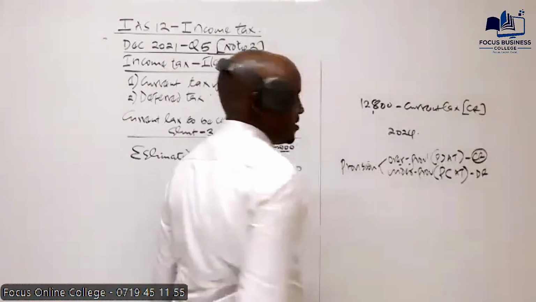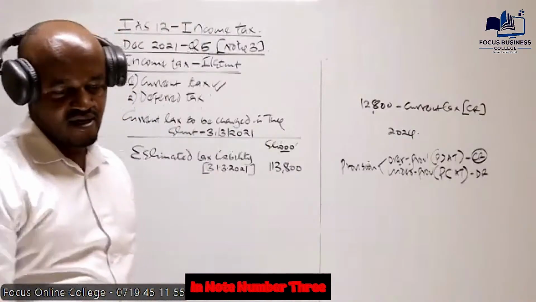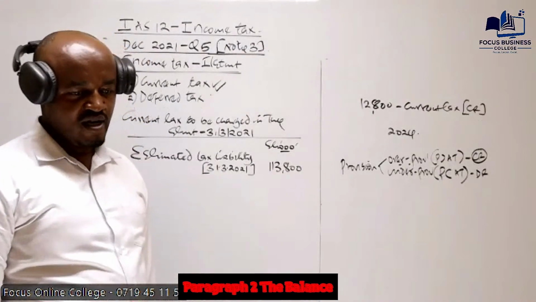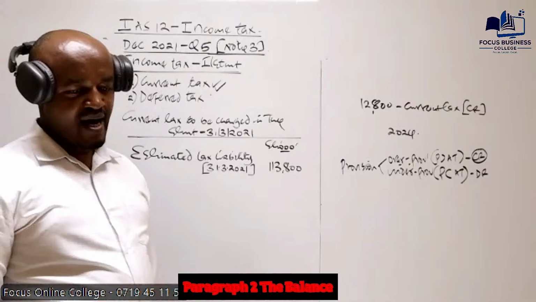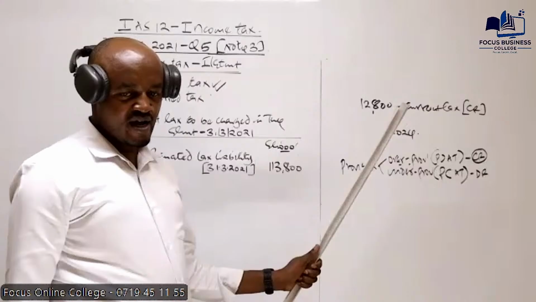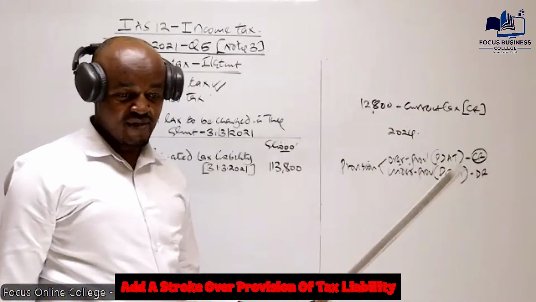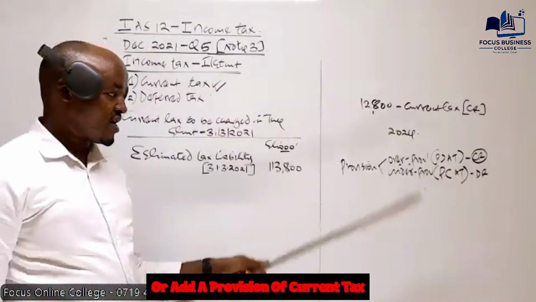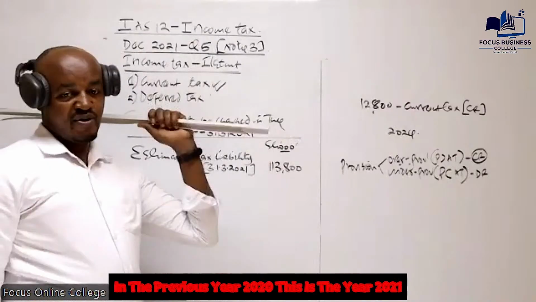Remember what you're told in note number 3, paragraph 2. The balance on current tax in the trial balance represents under/over provision of tax liability in the year 2020. So this is an over or under provision of current tax in the previous year 2020. This is the year 2021.